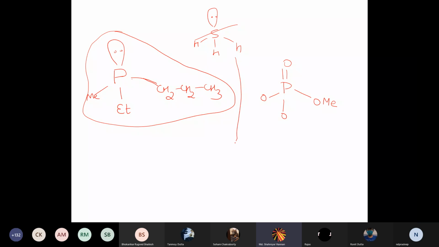So what are the substituents? Oxygens, three oxygens, these are phosphate anions. It's not chiral. Now you tell me, I want to make this molecule chiral. What can we do? I have to add a different substituent on oxygen. Without changing the substituent, I have to make this molecule chiral.